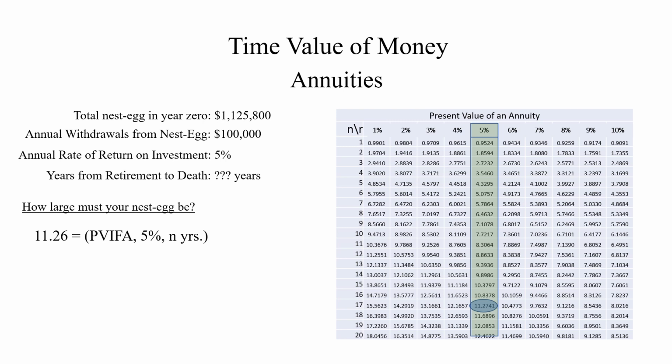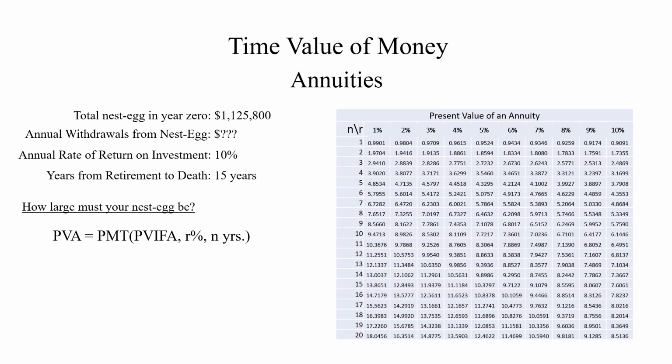And there it is, 11.274. That's about as close as you're going to get using the tables. And from there, we go across that row over to the years column, N, and what we see is that at 5% rate of return on investment, that nest egg is only going to last you for 17 years before it is completely depleted.